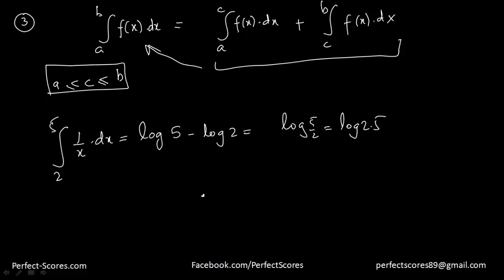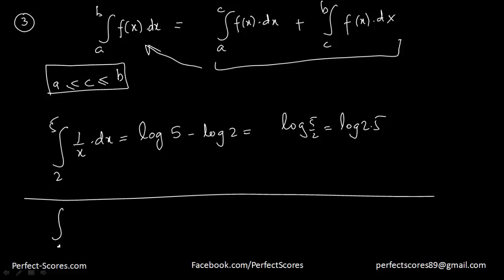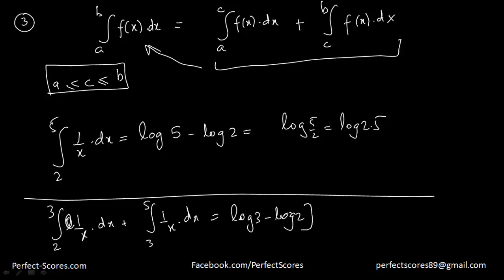Now let's suppose I want to find the integral from 2 to 3 of 1 by x, and add the integral from 3 to 5 of 1 by x. So I just break 2 to 5 into two parts. This is going to be equal to log of 3 minus log of 2, which is this integral here, then log of 5 minus log of 3.